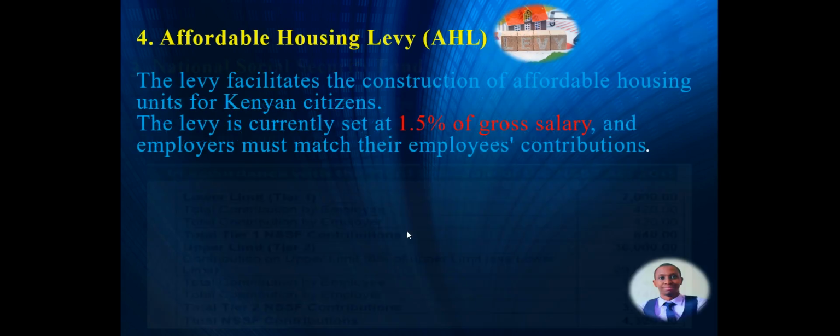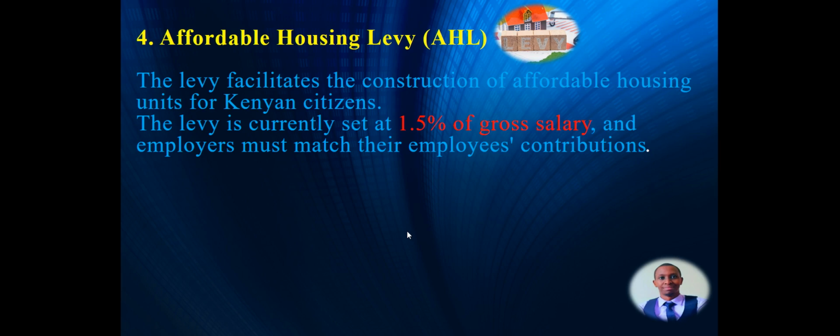The last one is the Affordable Housing Levy, which facilitates the construction of affordable housing units for Kenyan citizens. The levy is currently at 1.5% of your gross pay. Remember, the basic pay plus the additional allowances; the 1.5% is subject to that amount. It is deducted and remitted.